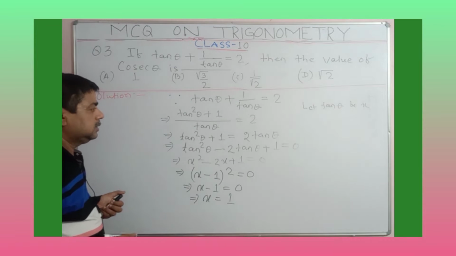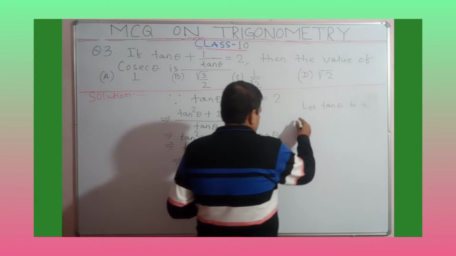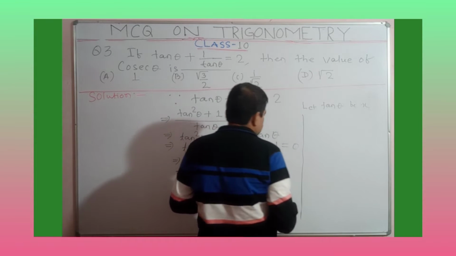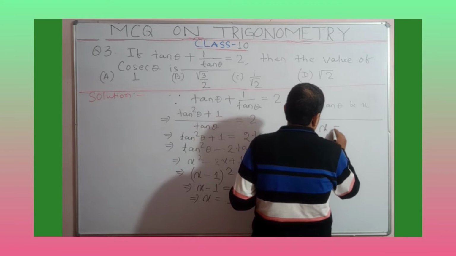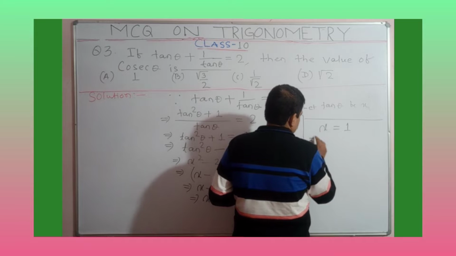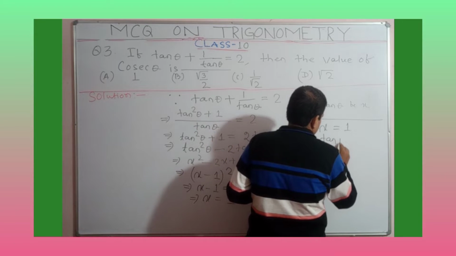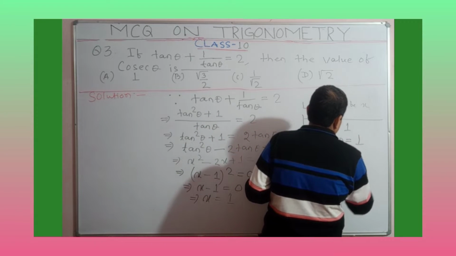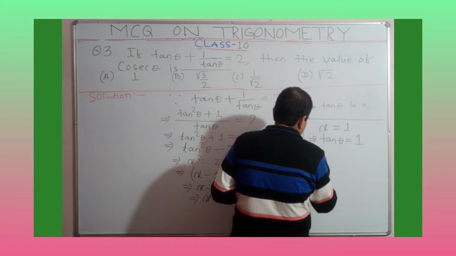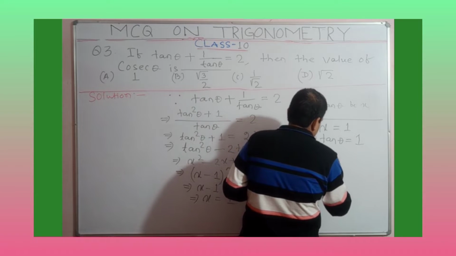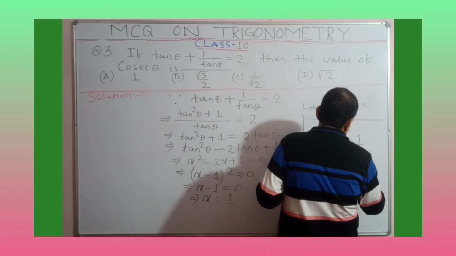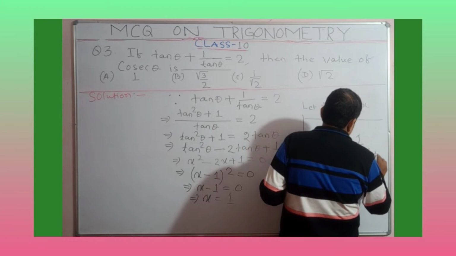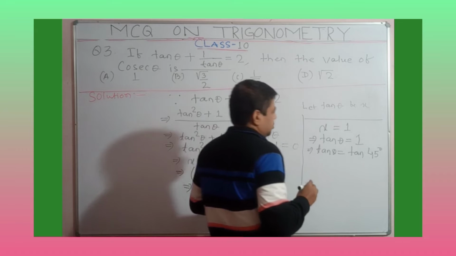Here we have taken tan theta as x, so in place of x we can write tan theta now. Now x is equal to 1. Yes or no? That implies tan theta is equal to 1. And we know tan 45 degree is 1, so in place of 1 we can write tan 45 degree.